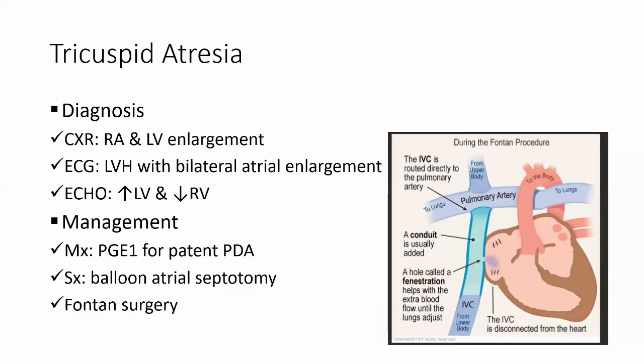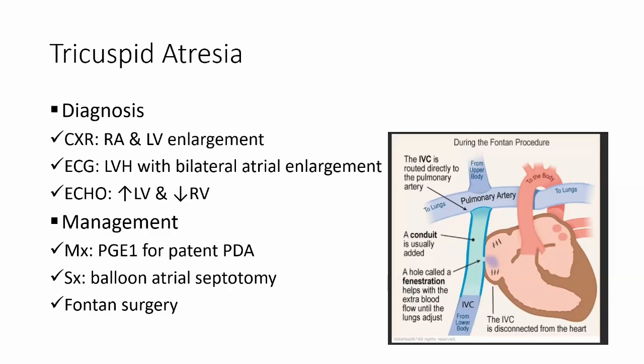They also have right atrial hypertrophy that we see on ECGs. And in terms of management, prostaglandins should be started in neonates with very severe cyanosis, just to maintain the patency of the duct before planning cardiac catheterization.